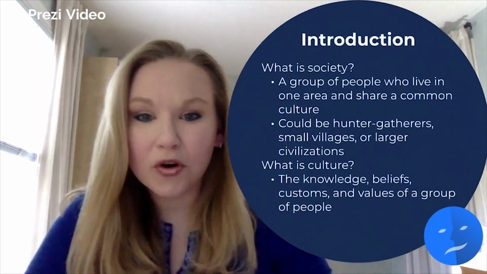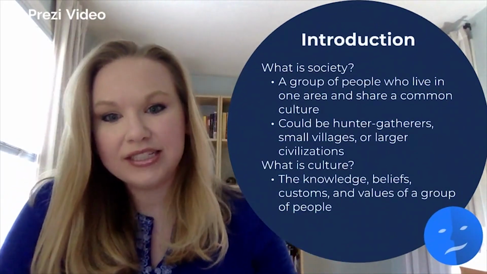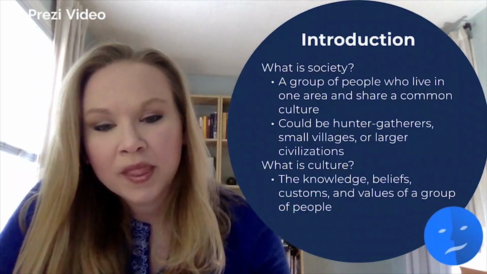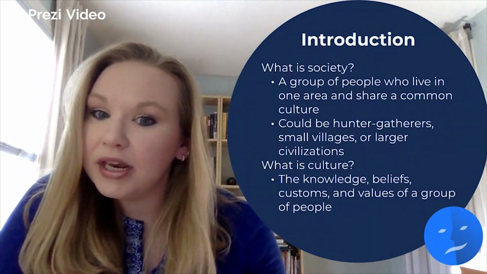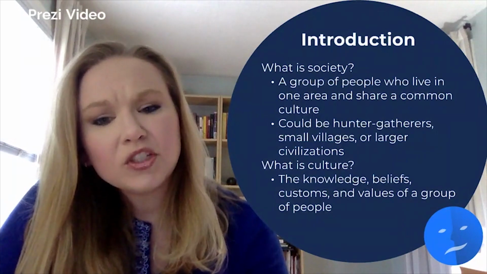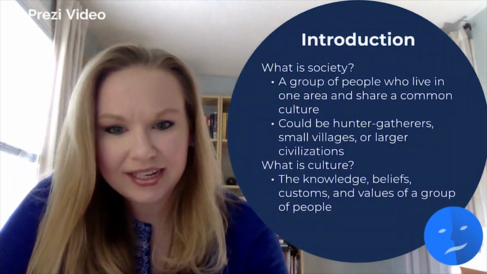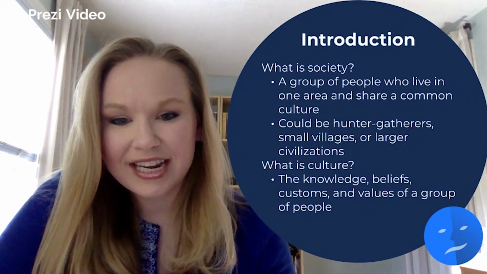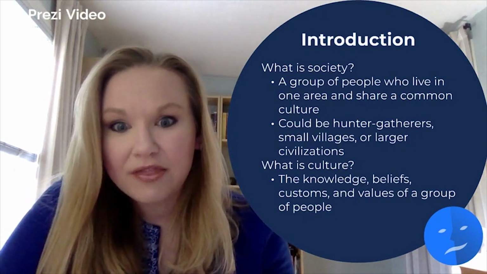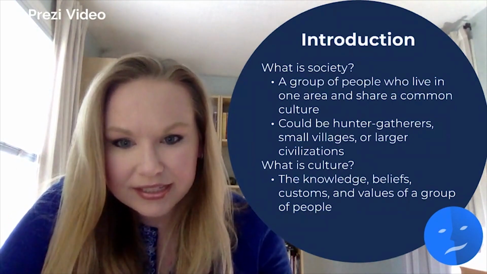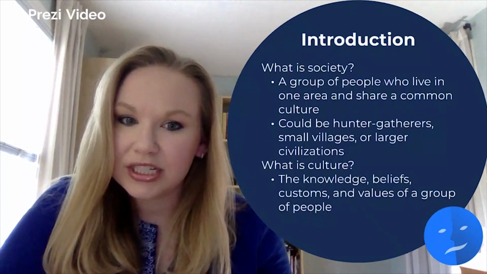So first, before we even talk about what a civilization is, we have to do a little bit of a review about some terms that we may or may not be familiar with. So first off is, what is society? And I like to think of society as the people that live in a common place and share some common characteristics.